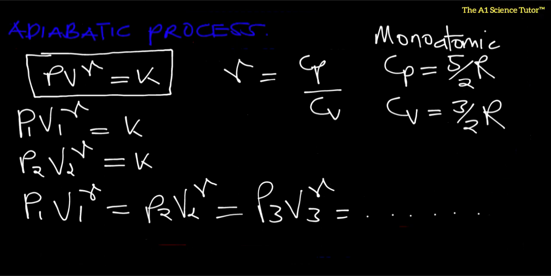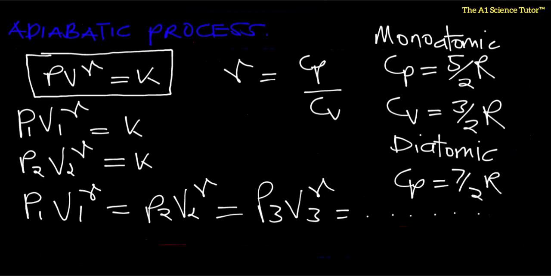So you need to know that as we go on from the monoatomic onto a diatomic, you just keep increasing these numerators by 2. So for a diatomic, we should have Cp equal to 7 over 2R, and for a diatomic, Cv will be equal to 5 over 2R.